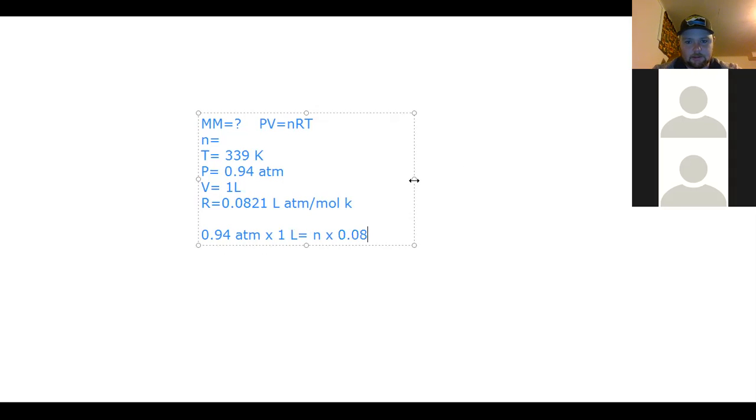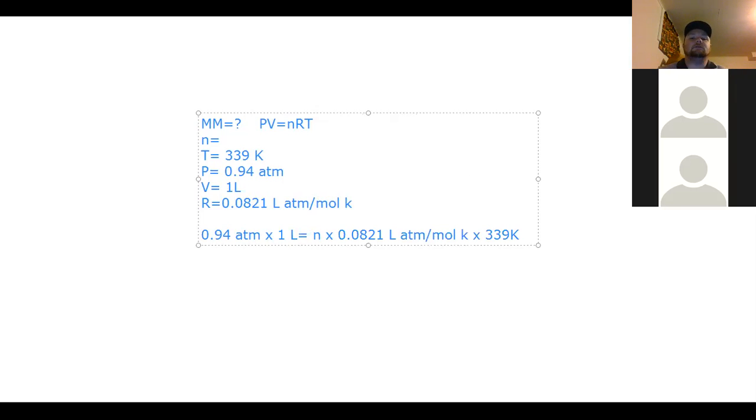We need to extend this box out to liters times atmosphere divided by moles times Kelvin. All right, and then speaking of good old Kelvin, we're going to have that times 339 Kelvin.